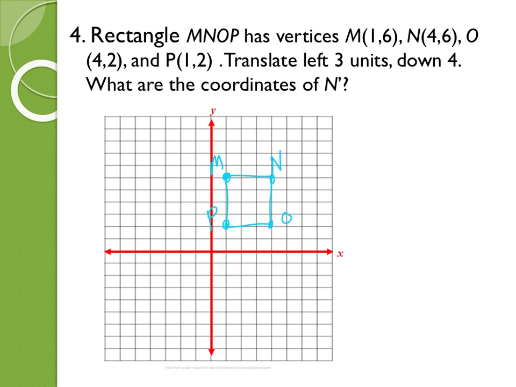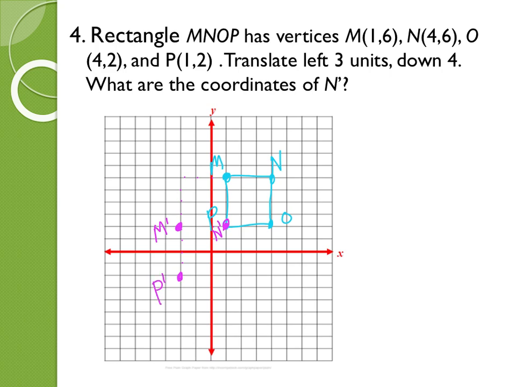And I'm going to change my color. And I'm going to translate M to the left 3, down 4: 1, 2, 3, 1, 2, 3, 4. This is M prime. N: 1, 2, 3. Then down 4: 1, 2, 3, 4. P: 1, 2, 3, 1, 2, 3, 4.